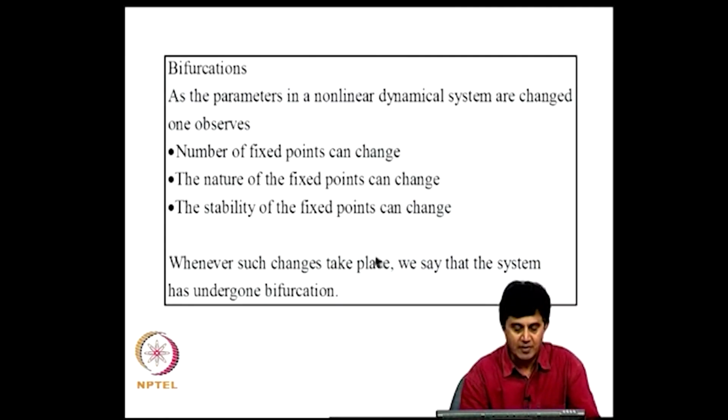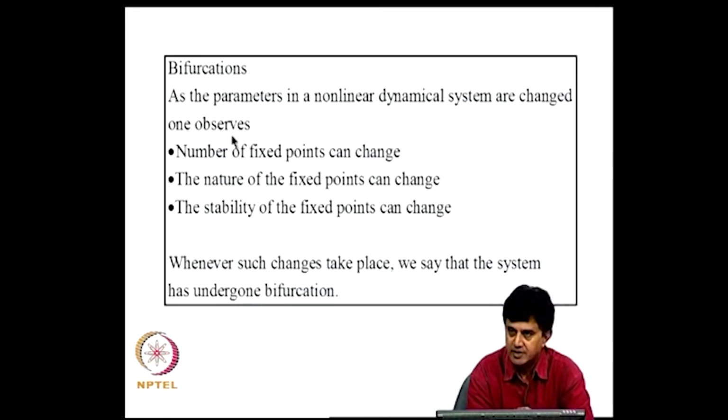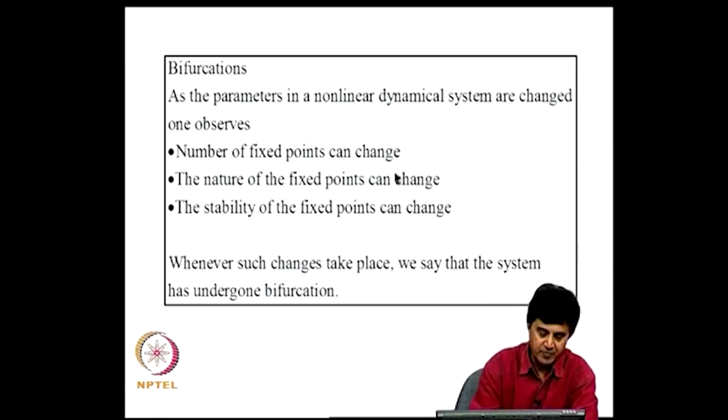Now, we use the word bifurcations. This is in relation to the nature of the fixed points. As the parameters in a nonlinear dynamical system are changed, one observes that the number of fixed points can change, the nature of the fixed points can change, and the stability of the fixed points can change. Whenever such changes take place, we say that the system has undergone bifurcation.